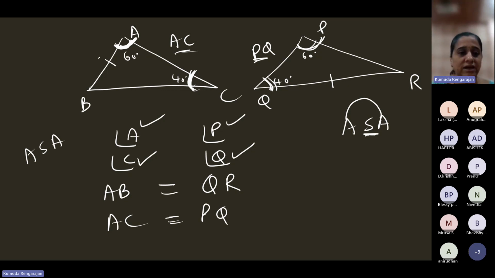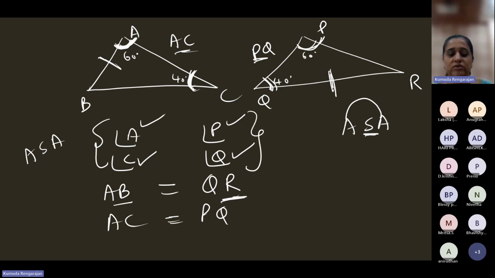Because it's marked. See here, AB is marked equal to QR is marked. So clearly AB is not the included side for these two angles, and QR is not the included side for these two angles. So here we have mentioned two angles and some other side. So here the two triangles are congruent by AAS, two angles and some other side.